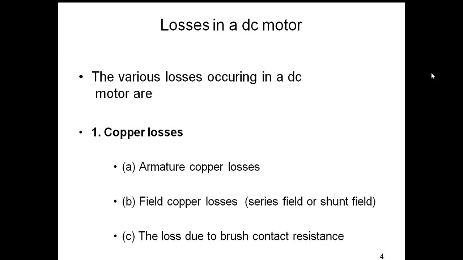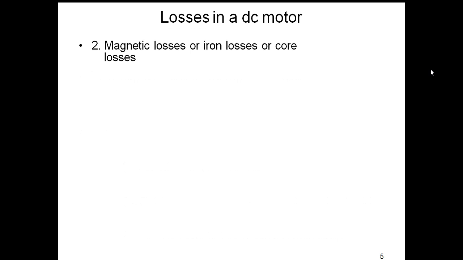And if the loss occurs due to brush contact resistance also, all these losses together are called as copper losses.